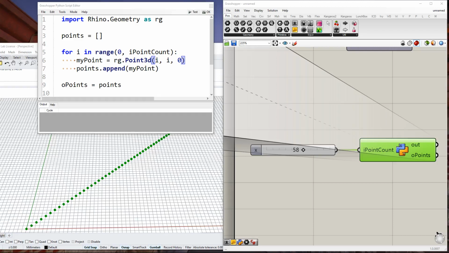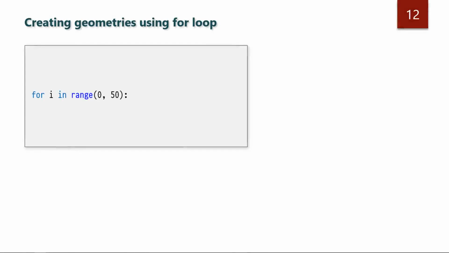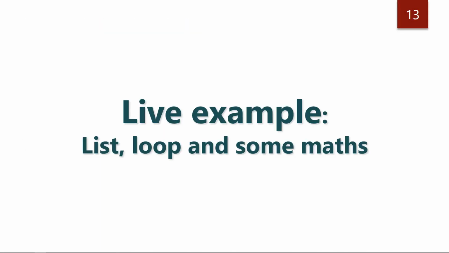Okay, so now we know how to generate geometry. Actually, no, let's carry on. The next exercise will get this point across quite well, so we don't need a separate exercise. We've done list, we've done loop.